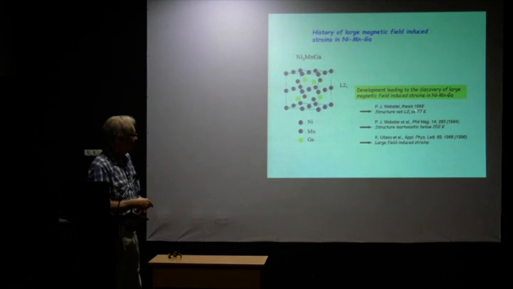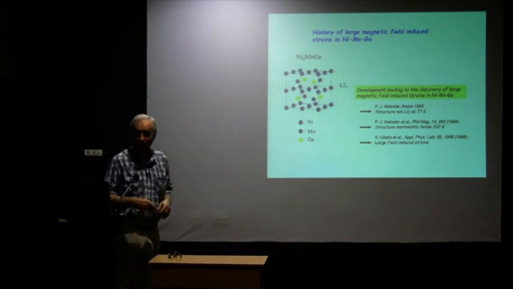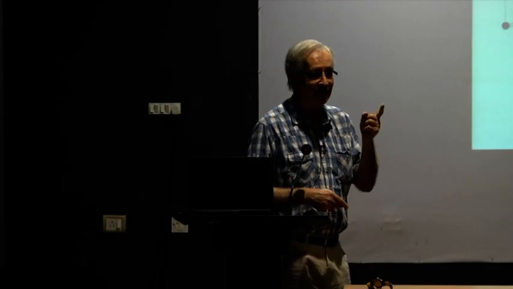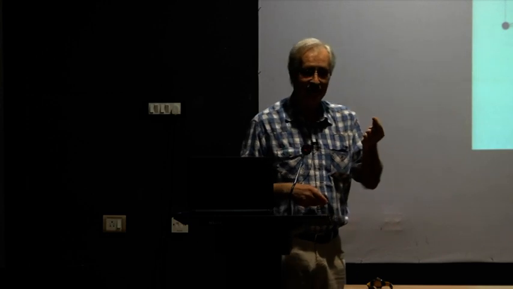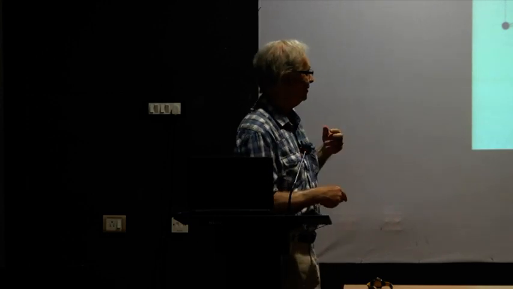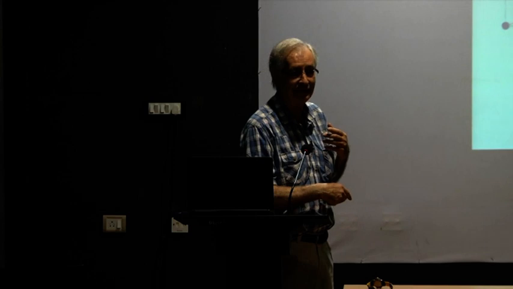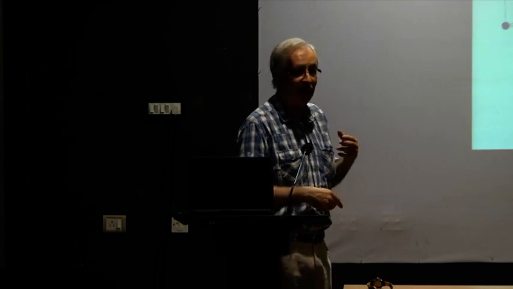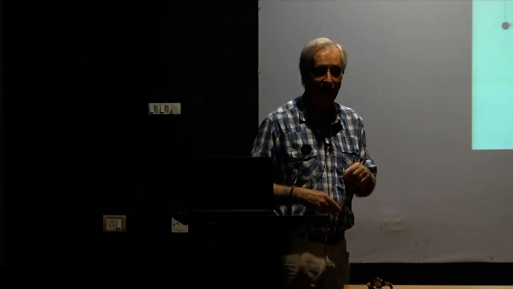So look at this time, 1968 to 1996, that's 28 years. It took 28 years from the discovery of the martensitic transition, or the fact that it was not this structure at room temperature, until the time that somebody decided to apply a magnetic field.